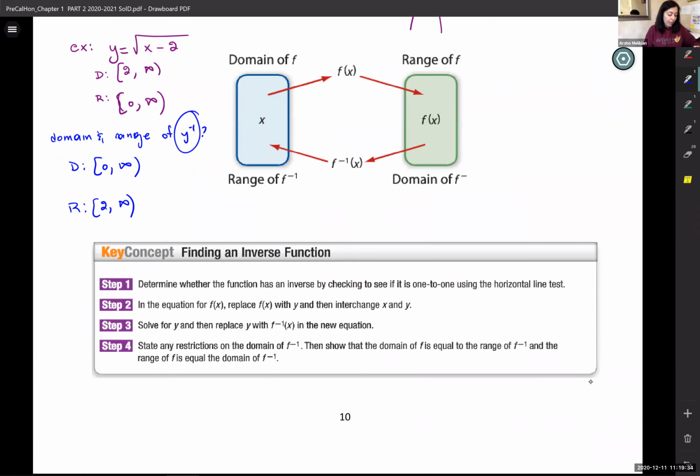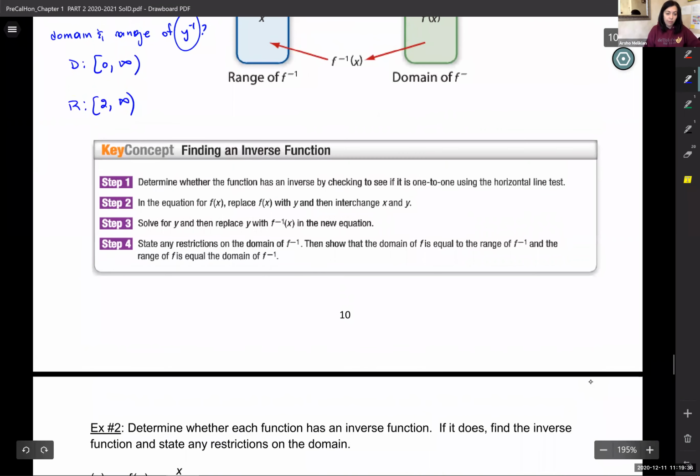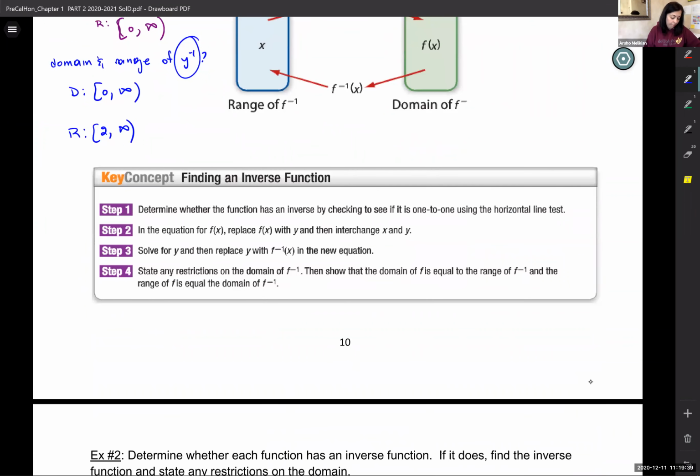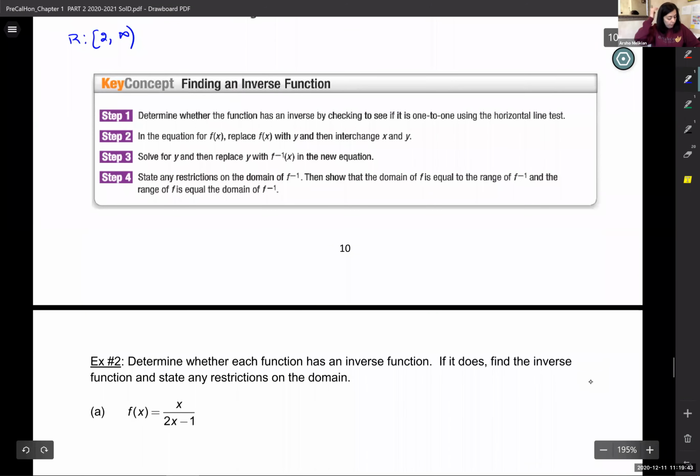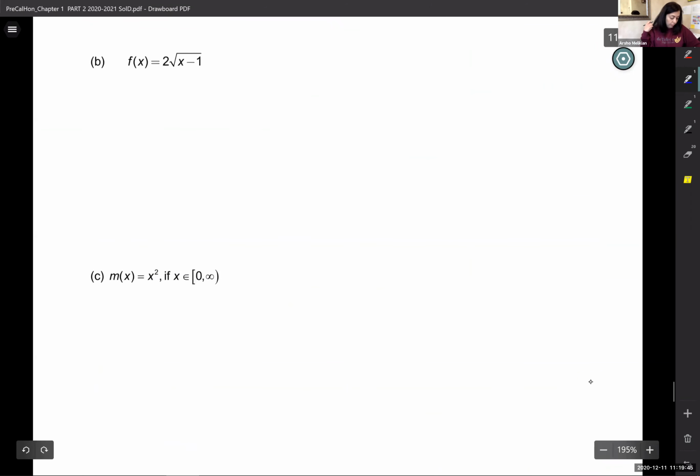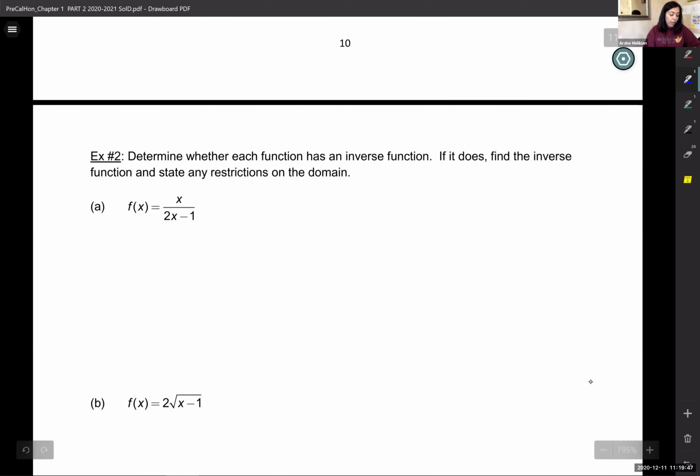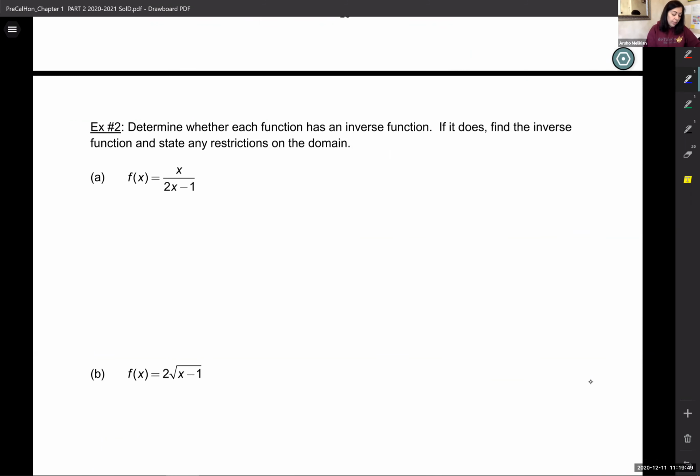All right. So let's see how we find inverse functions. You've done all this in algebra 2. So first, it says to determine whether it has an inverse function.